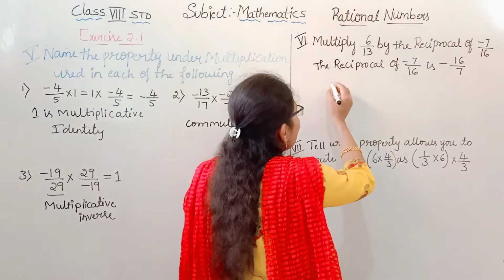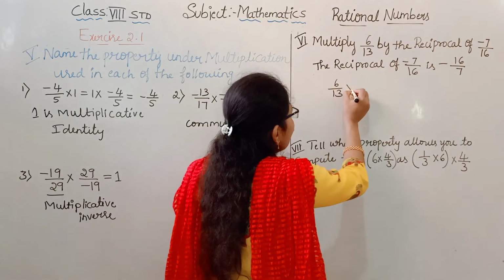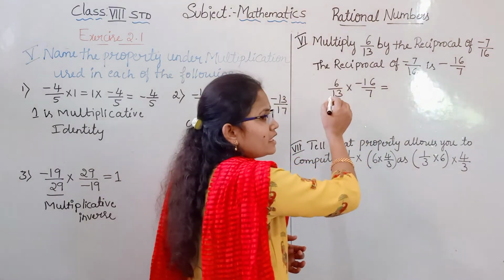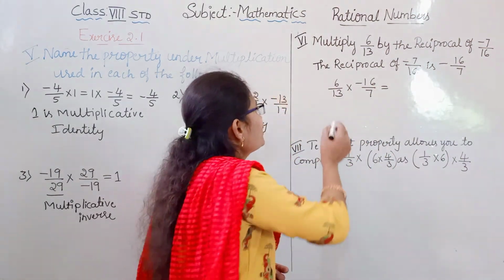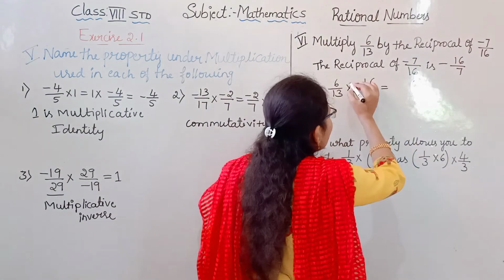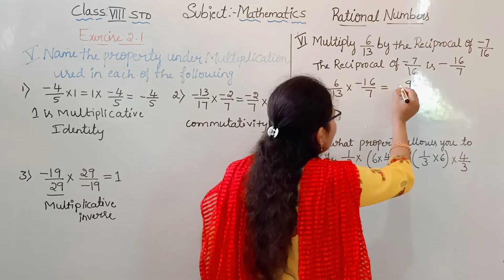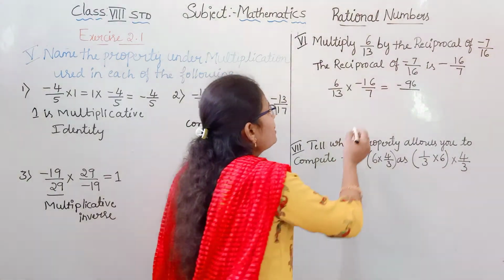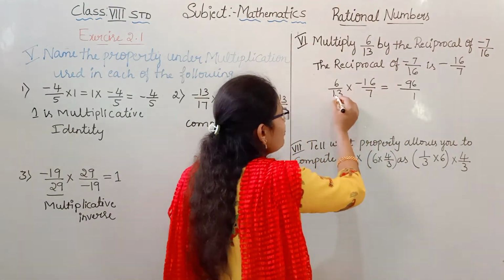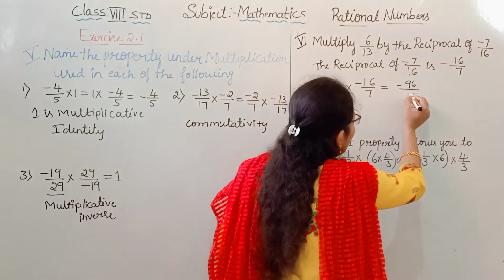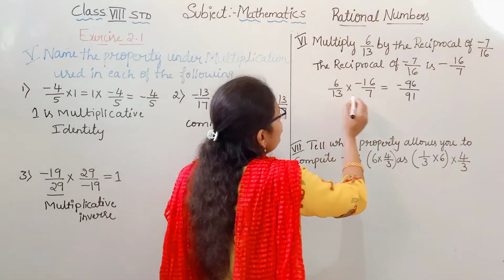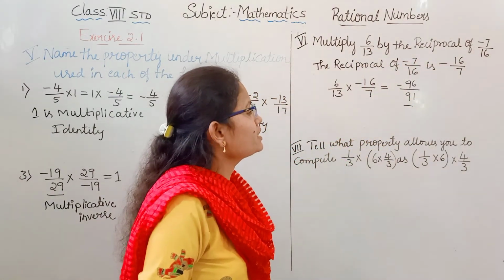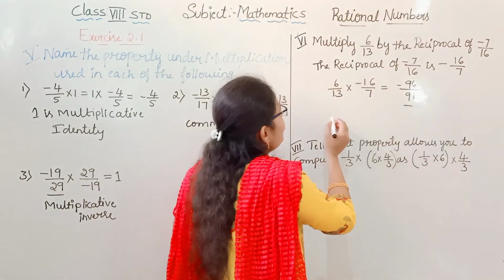If you multiply 6/13 by -16/7, what do you get? 16 times 6 is 96, so the numerator is -96. Then 13 times 7: 7 times 3 is 21, carry 2, 7 times 1 is 7, plus 2 is 9, so 91. So if you multiply 6/13 by the reciprocal of -7/16, you get -96/91.